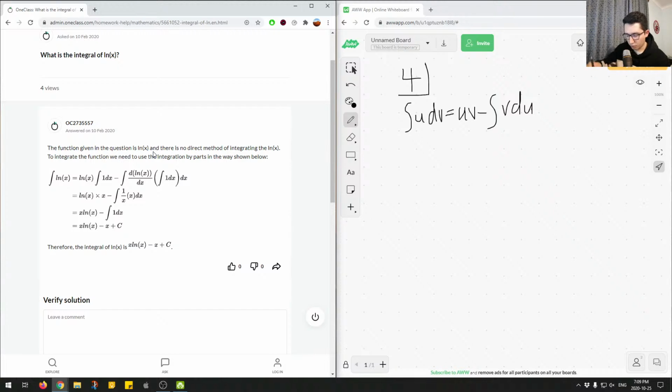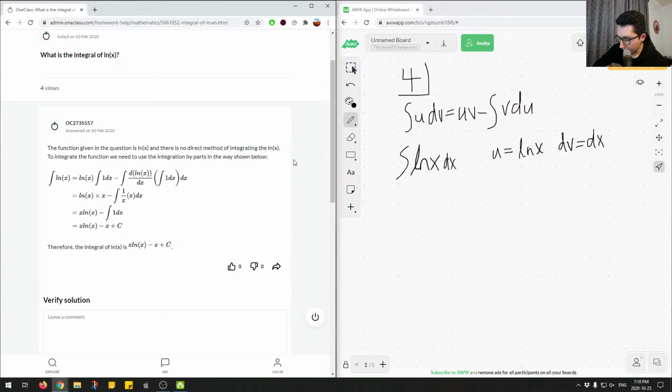If we think about the integral of ln x, what we do is set u equal to ln x, and we would say dv, so there should be a dx over here, is equal to dx. So we set up the variables of the integration by parts formula as follows.